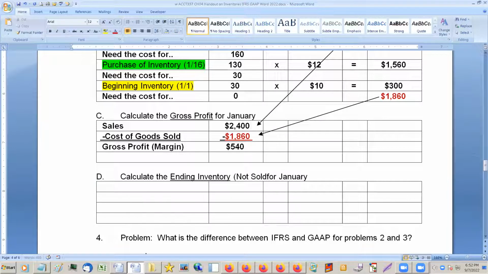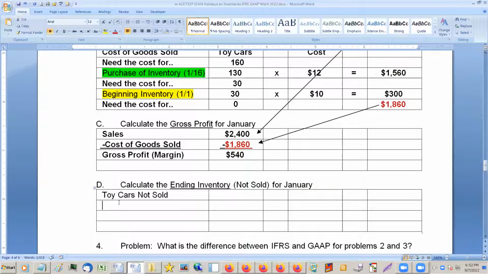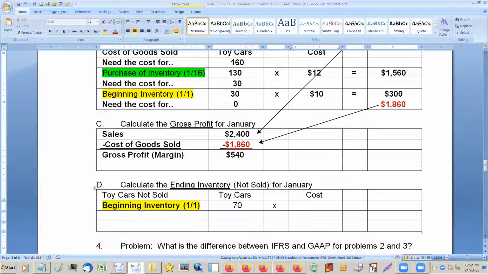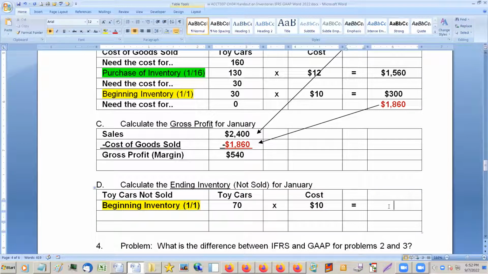This is not sold, we still have toy cars. $700. So that'll be our ending inventory.